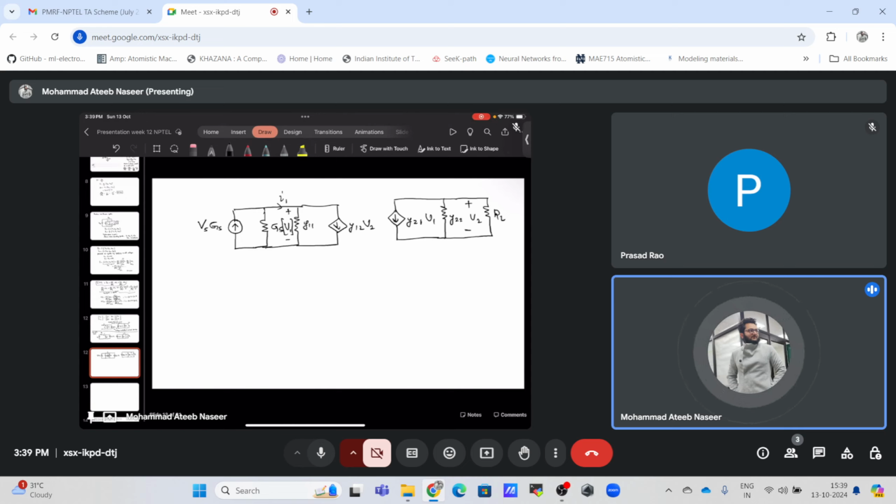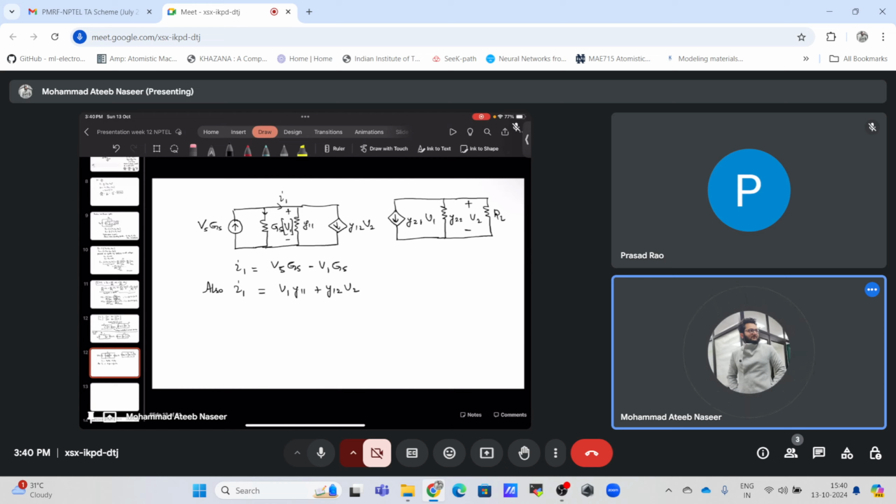For that, let's use KCL first. I1 is simply this current and this current summation. It is simply Vs times Gs minus V1 times Gs. Also, I1 is simply equal to V1 times Y11 plus Y12 V2.